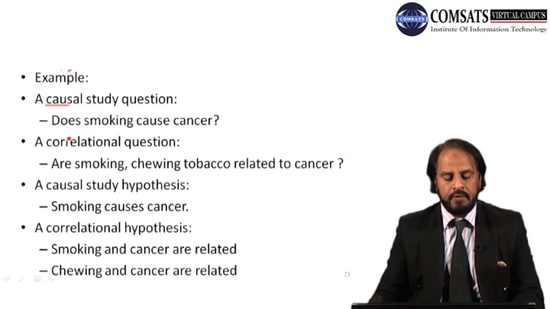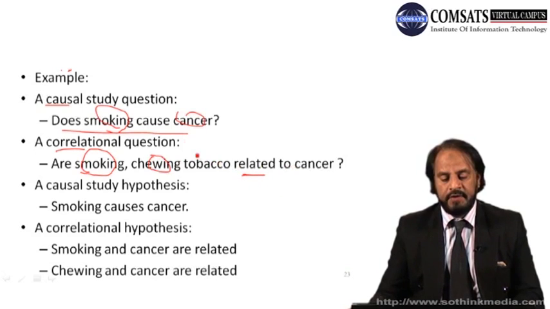So the difference between the causal and the correlation questions is that here your question is, does smoking cause cancer? So you're focused on smoking and cancer. On the other hand, in a correlation study, we're saying smoking and chewing tobacco are related to cancer. We're not saying cause.